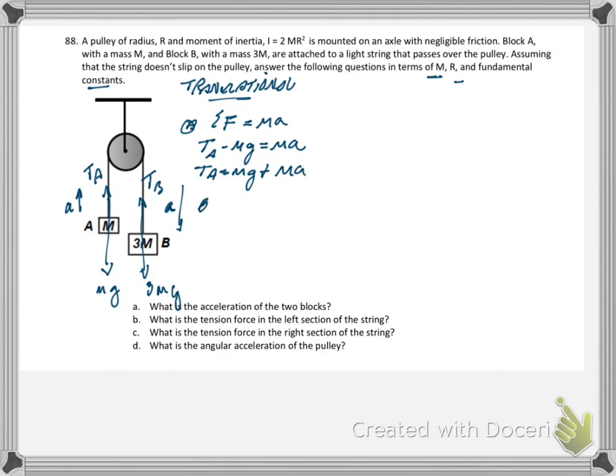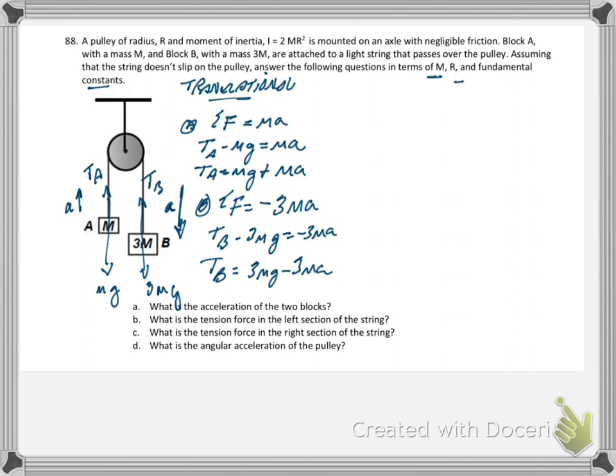And for mass B, the summation of forces equals negative 3ma, negative because this one is accelerating downward. We have tension force going up and 3mg going down equals negative 3ma. So TB, the tension force B, is going to equal 3mg minus 3ma.